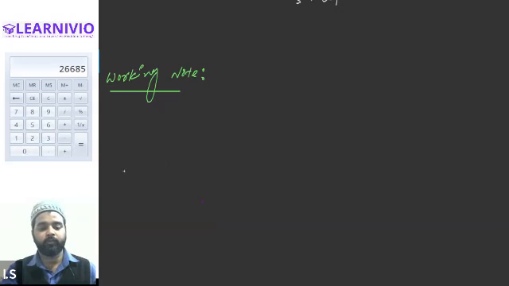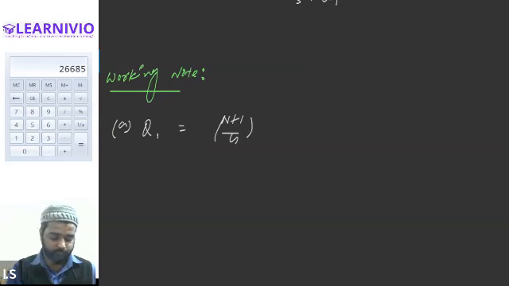In the working note, first we write down the items. Let's first calculate quartile Q1. The formula for Q1 is (n plus 1) by 4, the (n plus 1) by 4th term.